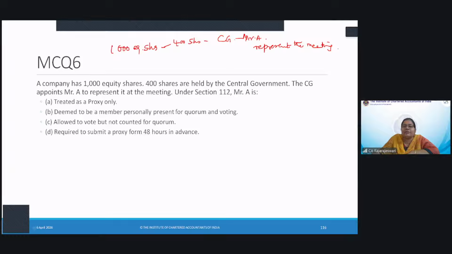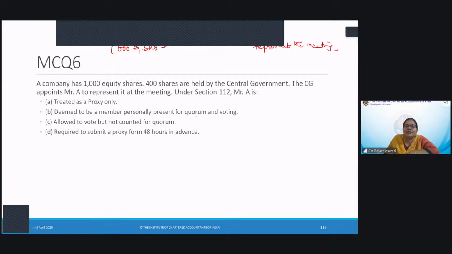Under section 112, Mr. A is treated as a proxy only, deemed to be a member personally present for quorum and voting, allowed to vote but not counted for the quorum, required to submit a proxy form 48 hours in advance.